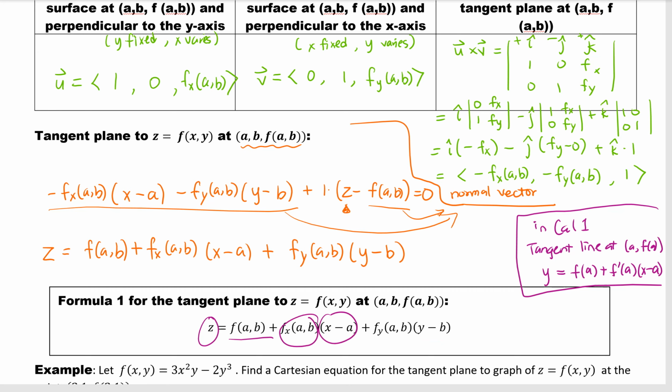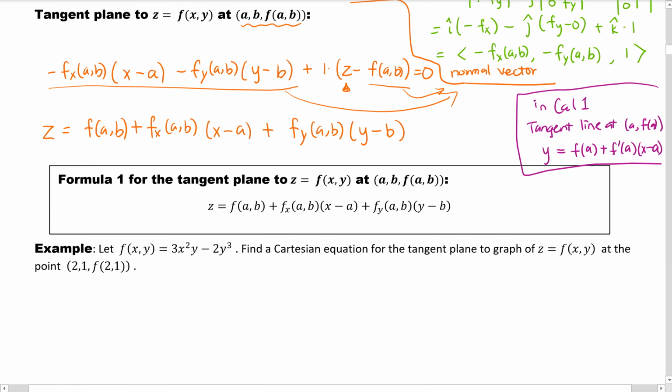But because z is a function of two variables, you need to have another derivative and the linear factor in y. Okay, so it's still very similar. So it's like we generalize the idea from Cal 1 now to Cal 3. Okay. All right.